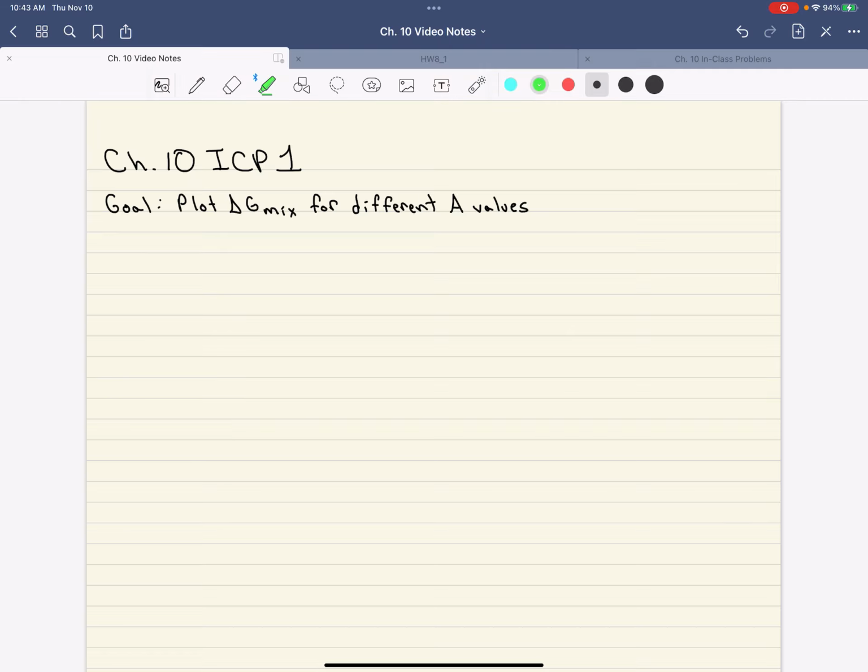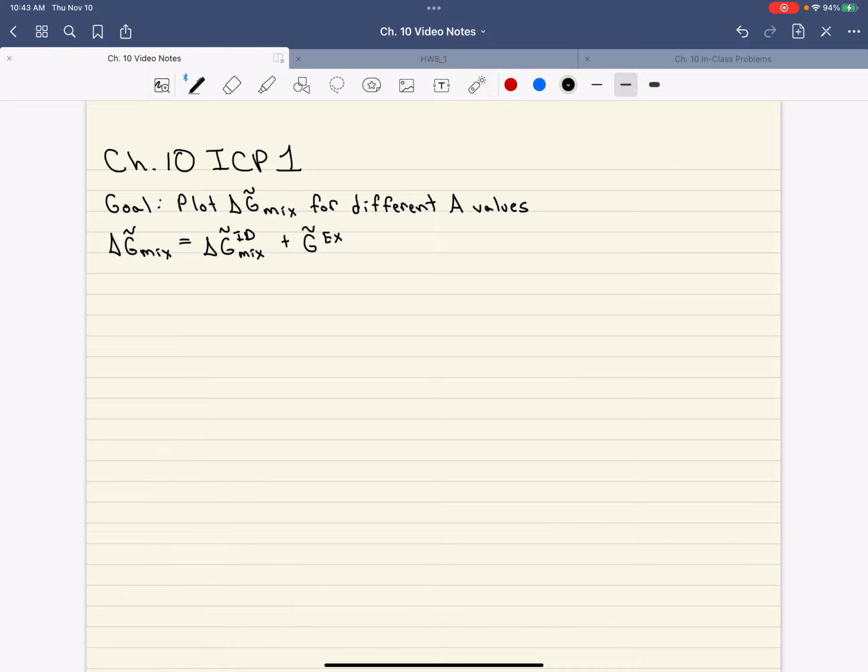Our goal is to calculate delta G mix for different values of A in our one parameter Margules equation. If you remember from chapter 8, we can describe delta G mix as the delta G of mixing for an ideal solution, plus our excess molar Gibbs energy term.